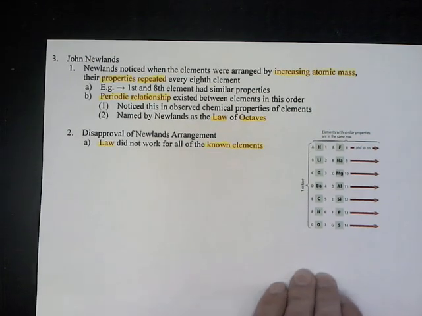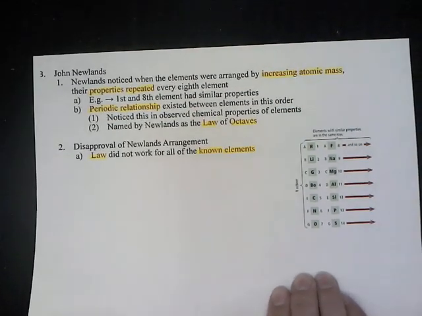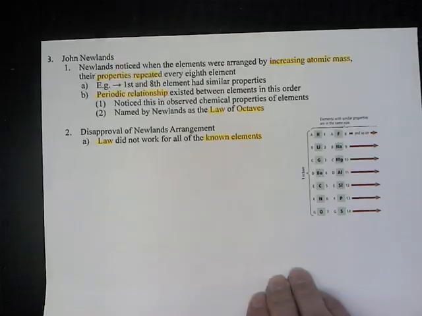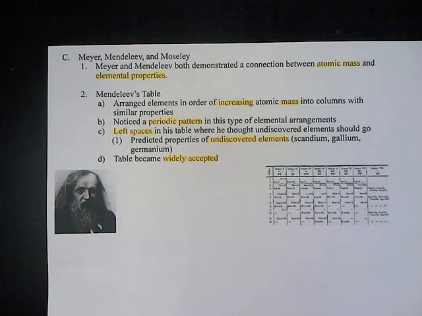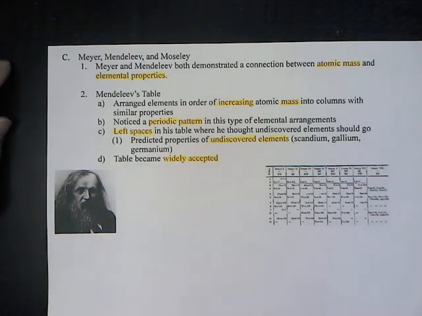All right, so now comes the real big revolution in what we know as the periodic table. We have our big players of our game here. There was still a connection between atomic mass and elemental properties. And so Dmitri Mendeleev, what he did here was really instrumental.